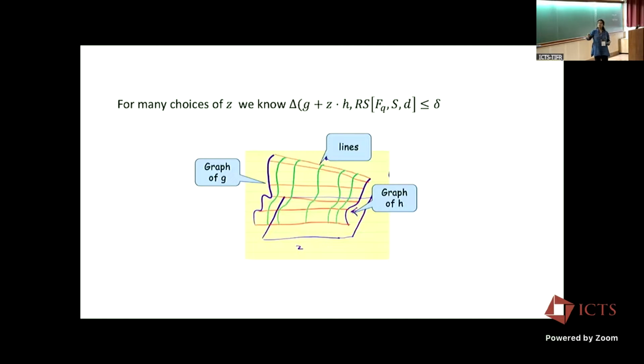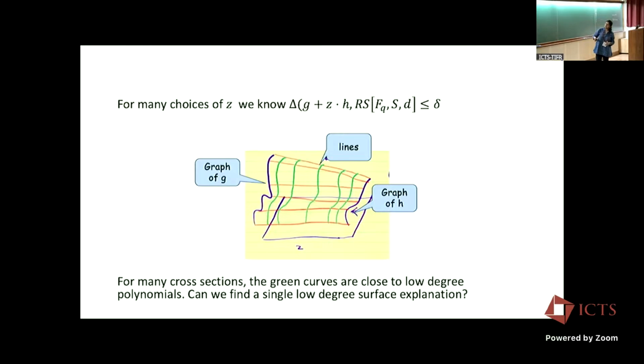We're going to deduce that this whole surface is a low degree surface. By using the fact that many of the curves are low degree curves, we'll deduce that the whole surface is low degree, and then the results will follow. So many cross sections here are close to low degree polynomials. Can we have a low degree surface explanation? That's what we're going to do.